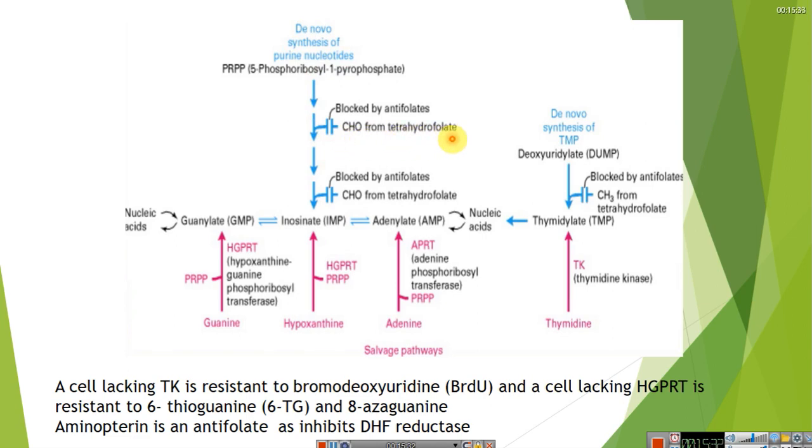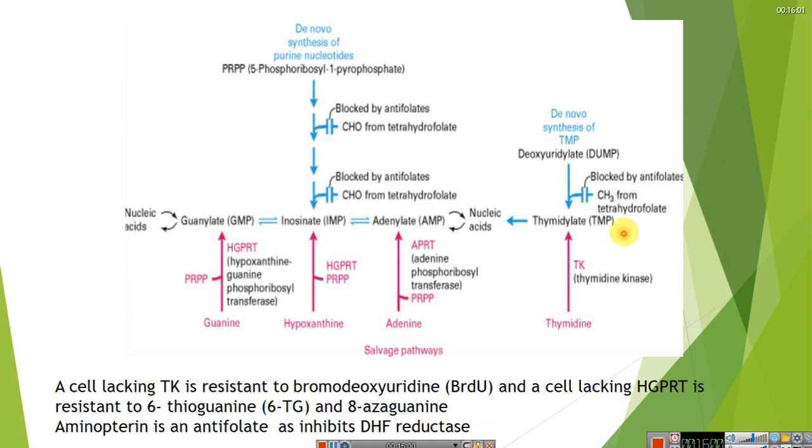So if you add antifolates, the de novo pathway will be blocked. Aminopterin is such an antifolate that inhibits the one carbon modifications during the de novo pathway. Likewise, from deoxyuridylate, the antifolate will inhibit the formation of thymidylate.